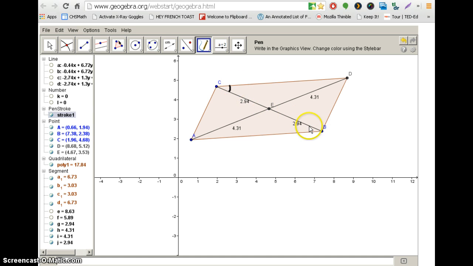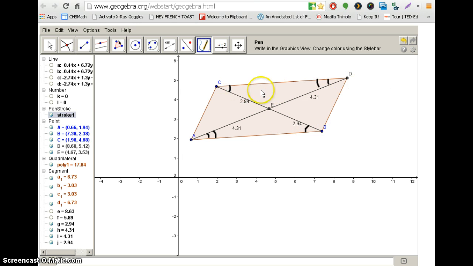And so we have alternate interior angles for angle DCB and angle ABC. These two angles are going to be congruent because they are alternate interior angles at a transversal of parallel lines. And of course, that means we can use the same logic for these two angles because they are also alternate interiors from this transversal of these parallel lines.